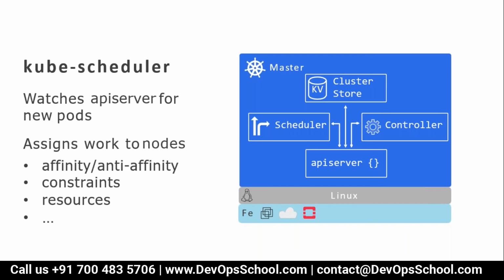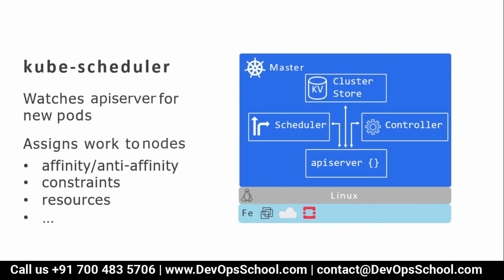Constraints means the work should be assigned to the node only if it has this much RAM and this much CPU, and many other constraints are there. So what I'm trying to tell you is that the Kubernetes scheduler, kube-scheduler, is the fourth component of this cluster, and its work is just to listen to the API server for new pod requests, and based on the request from the API server, schedule the work to the worker based on multiple conditions.